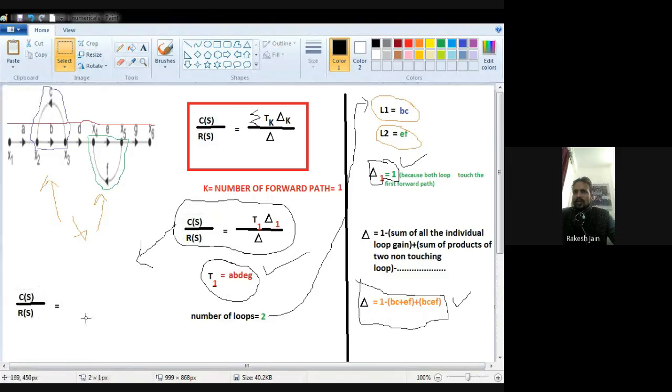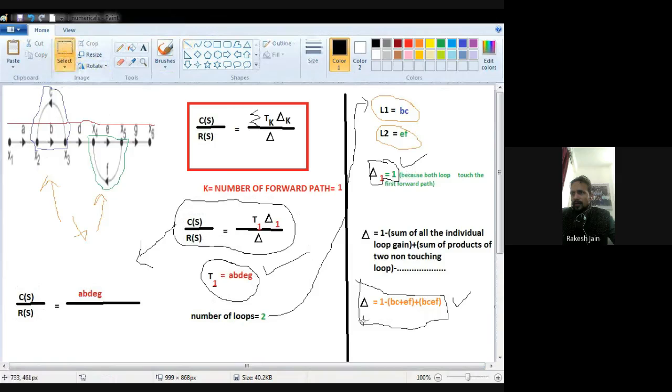So CS upon RS is equal to T1. T1 is A, B, D, E, G, divided by del. T1 del 1, because del 1 is 1, so there is no need to write it here, upon del.